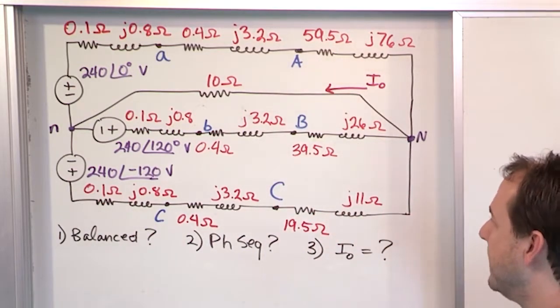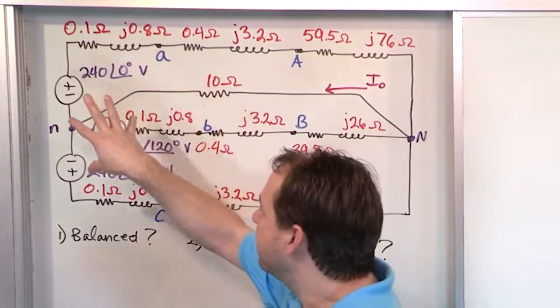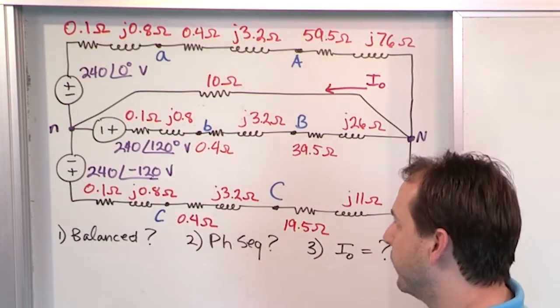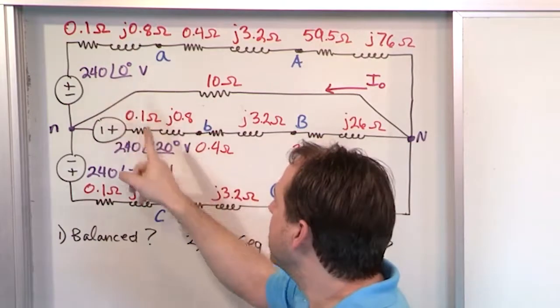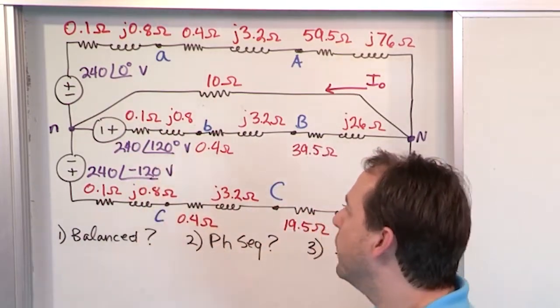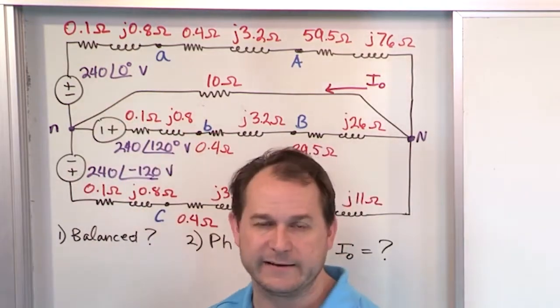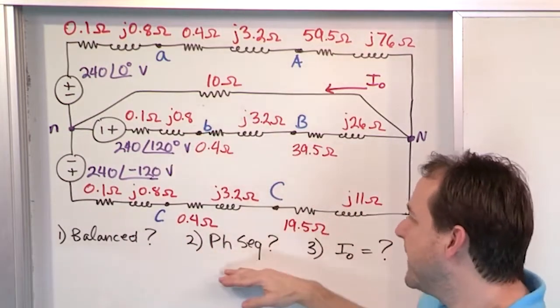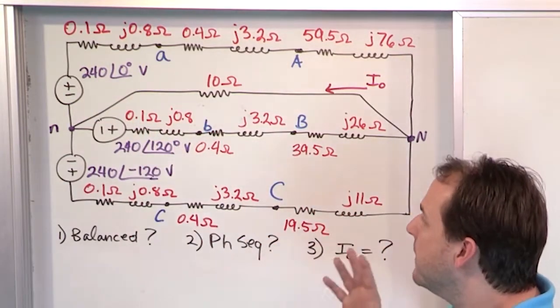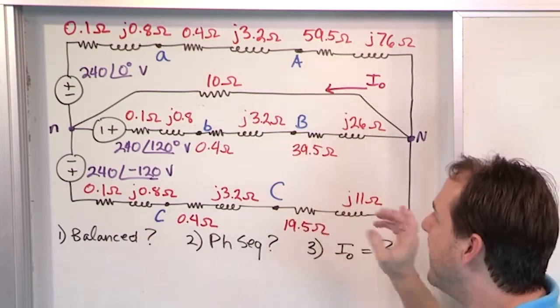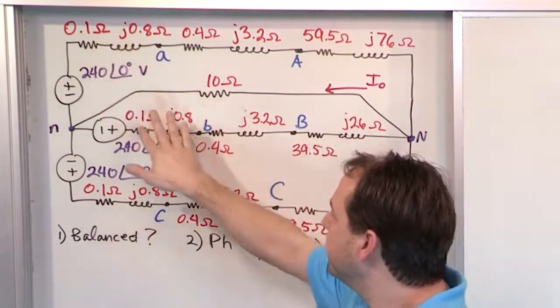So in order to be balanced, we have to first have a balanced three-phase set of voltages on the source side. So we have 240, those are the amplitudes, and we have 0, positive 120, and negative 120. So it looks like this is a balanced set, and we'll talk about what the phase sequence of that set is in just a second, but it looks at first glance to be a balanced set of voltages. Now, in order for the remainder of the circuit to be balanced, we have to have the source impedances all match.